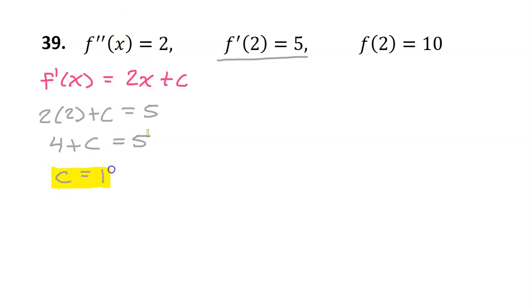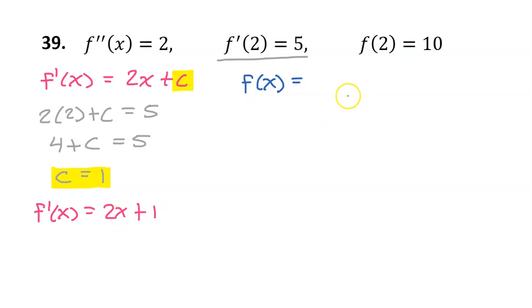Now I can put this 1 right here, and I have f prime of x is equal to 2x plus 1. Let's take the antiderivative of both sides again. The antiderivative of f prime is f.